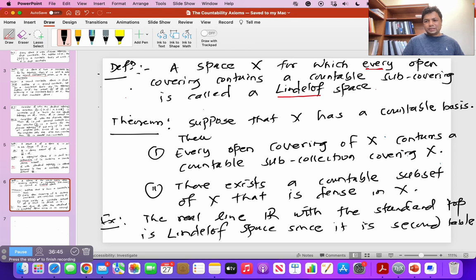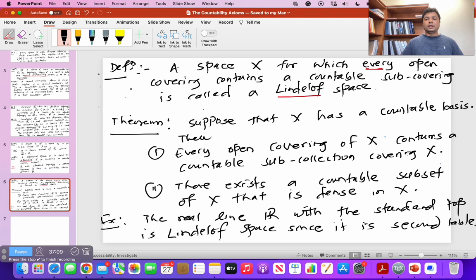So you can see R is a Lindelöf space, and like I said earlier, the definitions of Lindelöf space and compact space are similar, though not exactly the same. For the Lindelöf space, every open covering should have a countable subcovering, and for the compact space, every open covering should have a finite subcover.